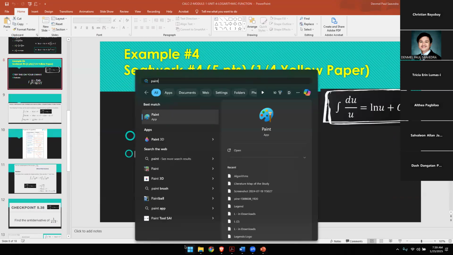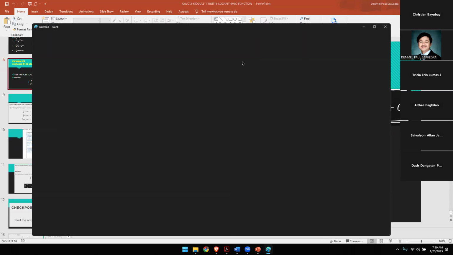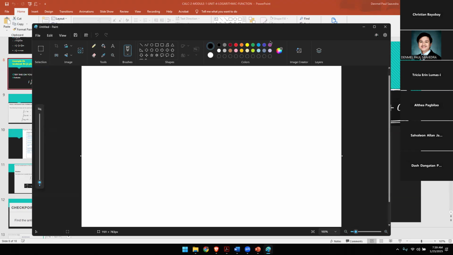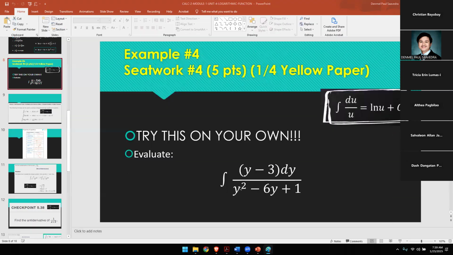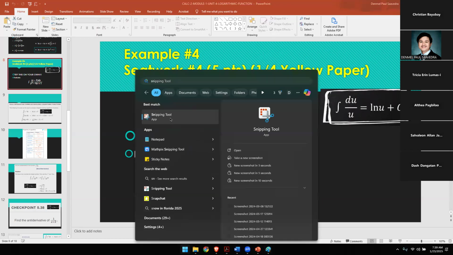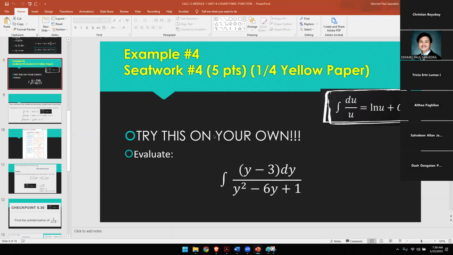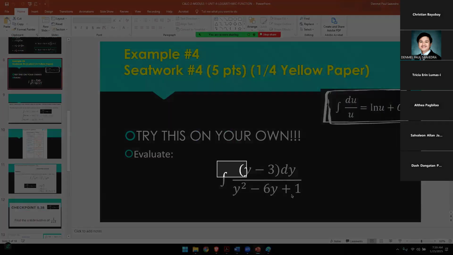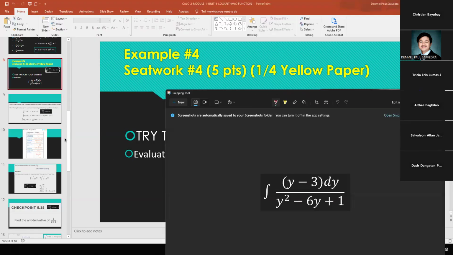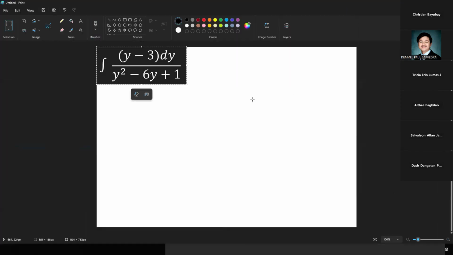Because I mentioned that the other answer, where you expanded this one into y minus 3 plus 8 or minus 8, was actually also correct. Just realize that that one is also correct. So let me show you guys the other process.